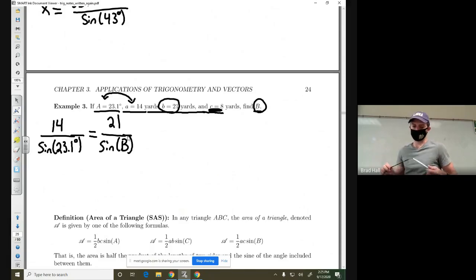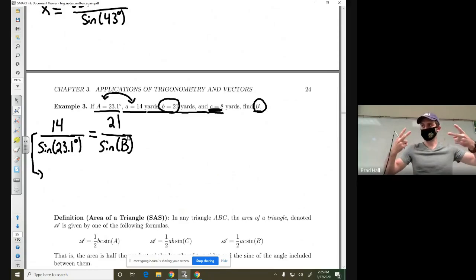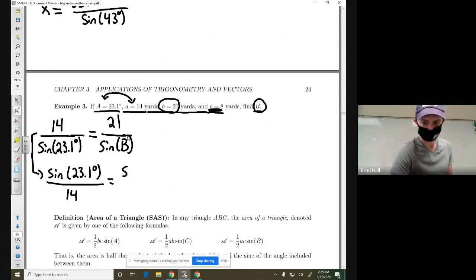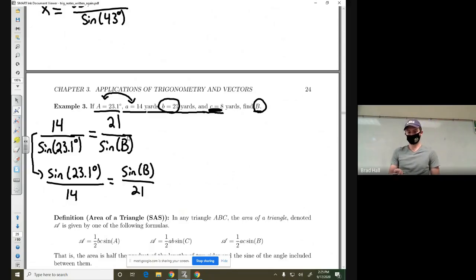So the reciprocation way means if you have fractions on both sides, then you can just flip them. It's the same thing. So we're just flipping both sides. If you do it to one side, you can do it to the other.